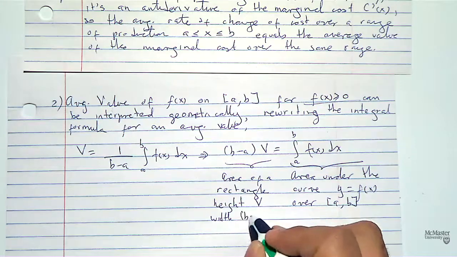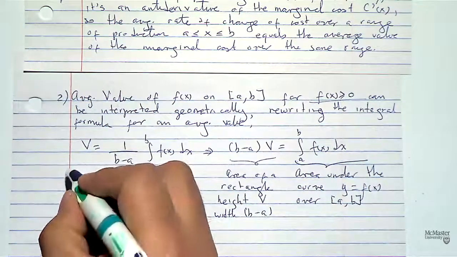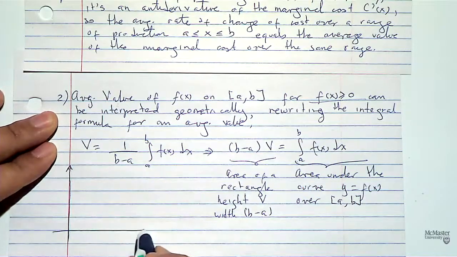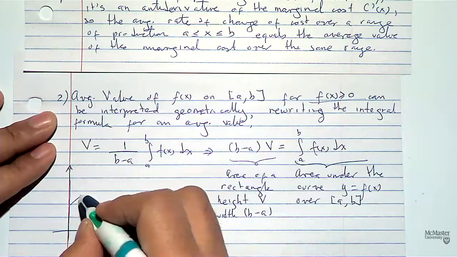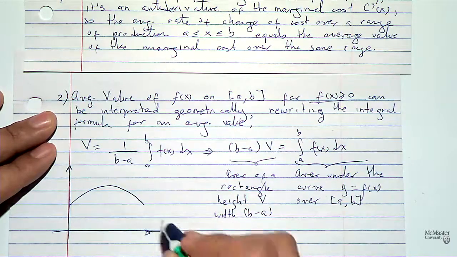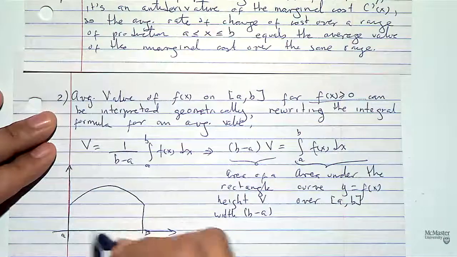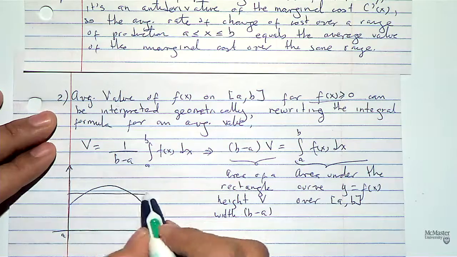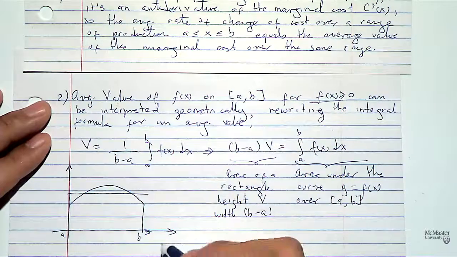So, to finalize this topic, it is what I have been saying in the last two examples. Let's say that you have a function, and this is the interval ab, and let's say that b is basically this value.